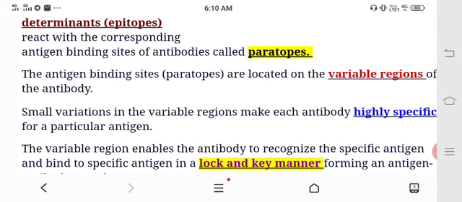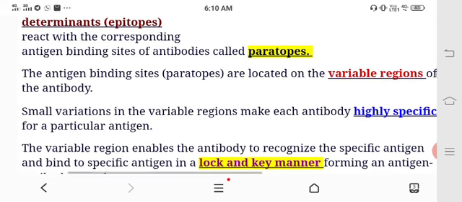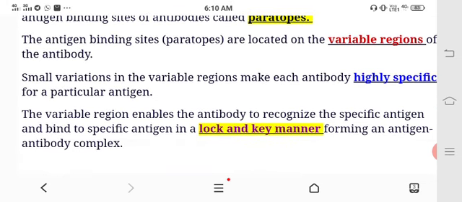These variable regions enable the antibody to recognize the specific antigens and bind to them in a lock and key manner, forming the antigen antibody complex.